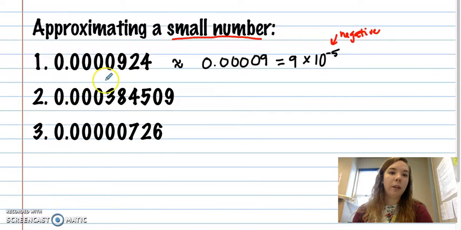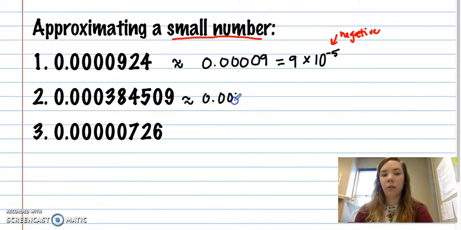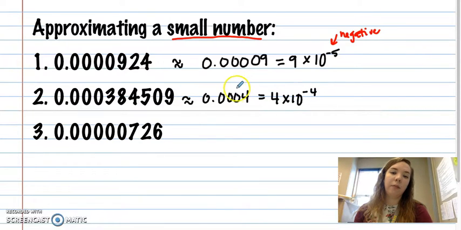So here, if I round this one, after my 3 is an 8, so that's going to round us up to a 4. So that'd be 4 times 10 to the -4th, because after my 4, I have 1, 2, 3, 4 digits. You need the 0 in front of your decimal. One more.